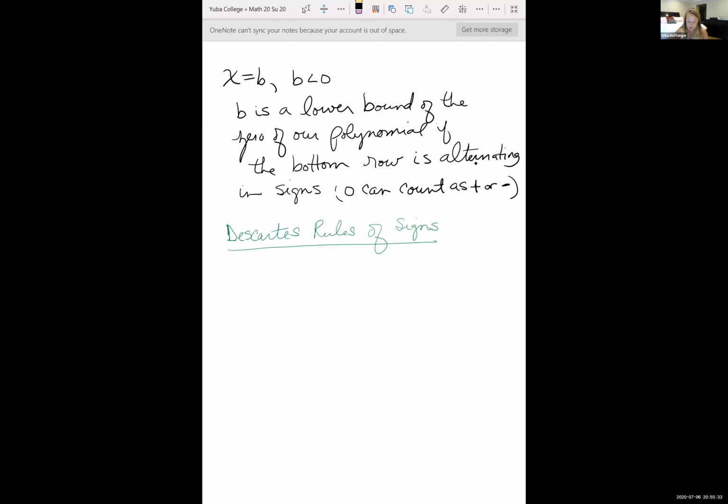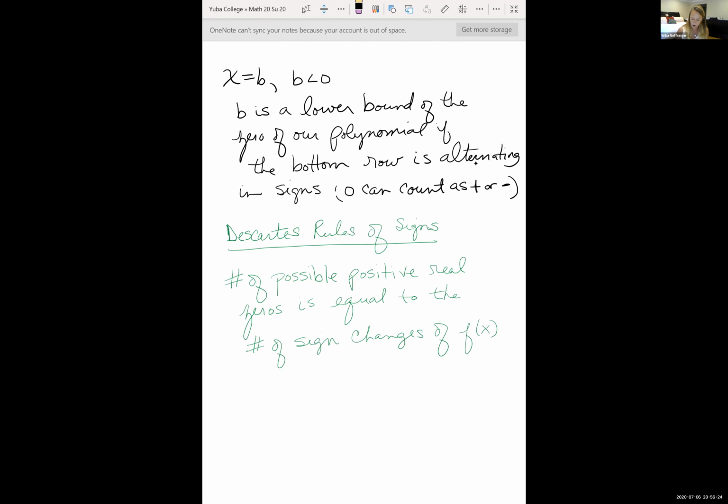Basically, what this says is the number of possible positive real zeros is equal to the number of sign changes of f of x, or that number minus an even number.